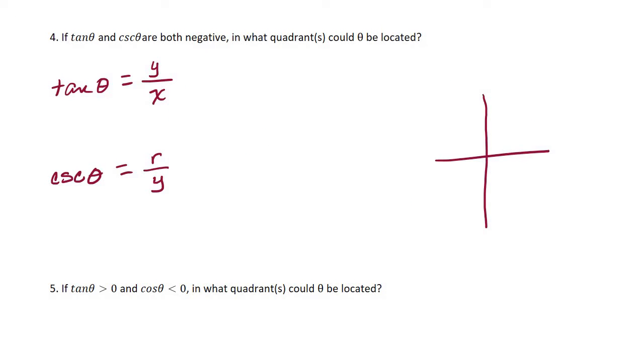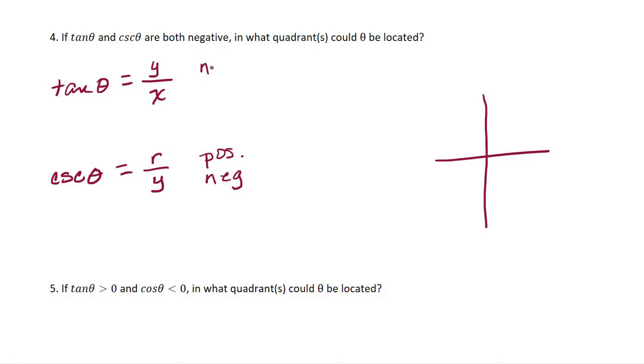Problem 4. If tan theta and cosecant theta are both negative, in what quadrants could theta be located? I'm going to start off by filling in what I know. I know that my r value is going to be positive. Now, I'm told in the problem that cosecant theta is negative. So if r over y is negative, that means that y has to be negative.